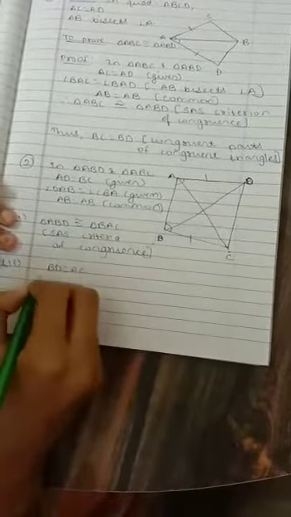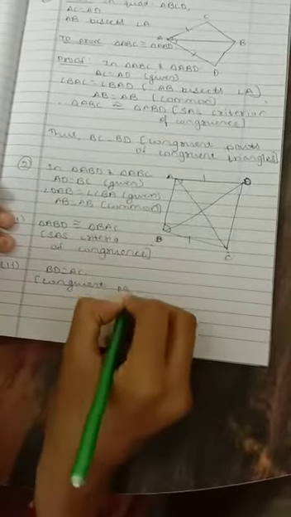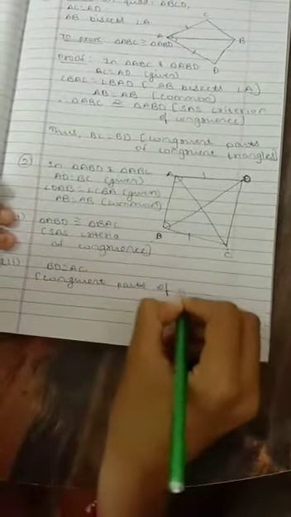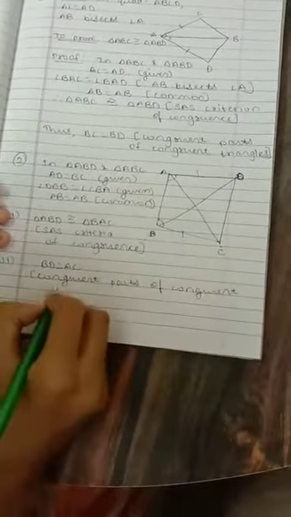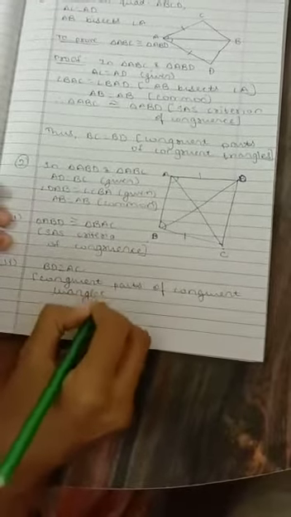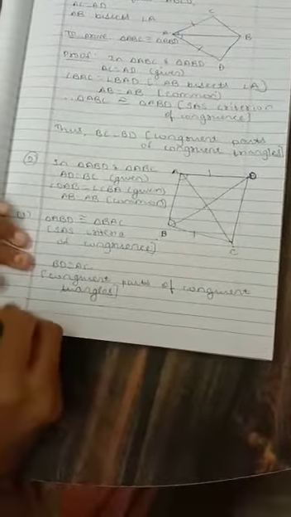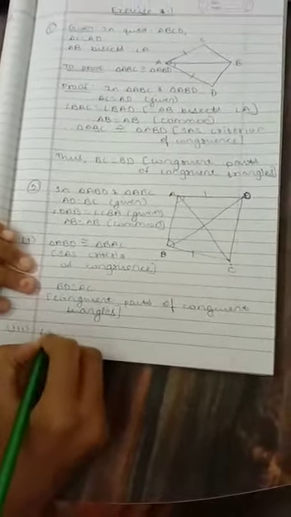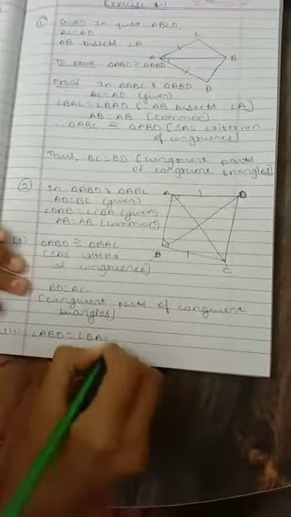How? Congruent parts of congruent triangles. This I have already told you in the introduction part. And third is angle ABD is equal to angle BAC.